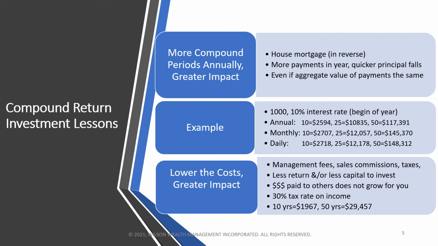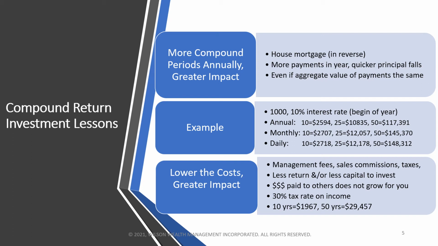If we look at it from a tax side, 30% tax rate on income. Above, we saw that after 10 years, without a tax impact, you get $2,594. With tax, you're down to $1,967.